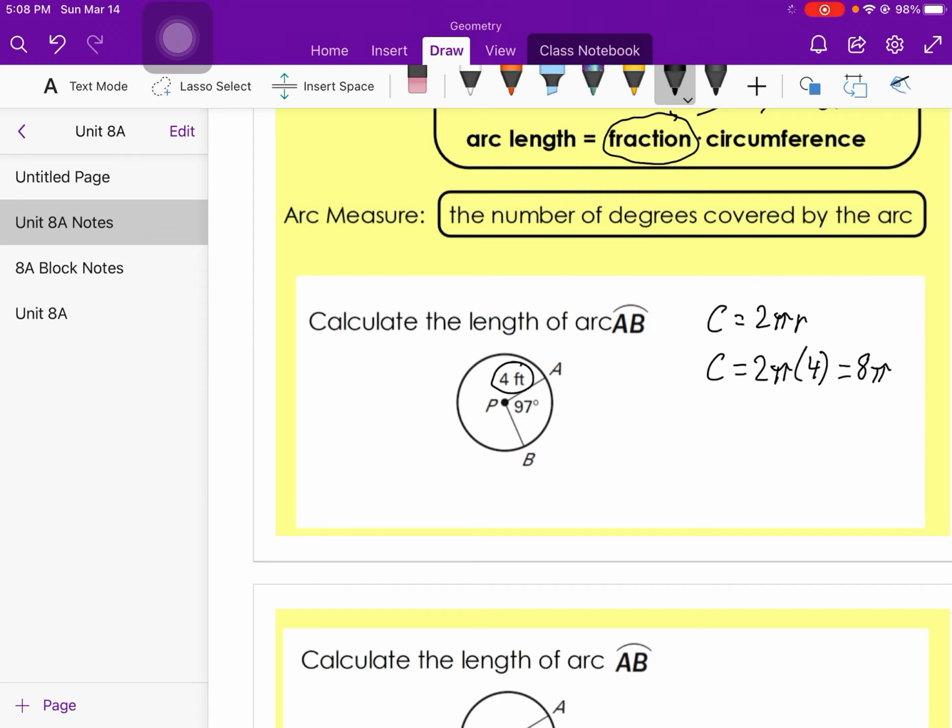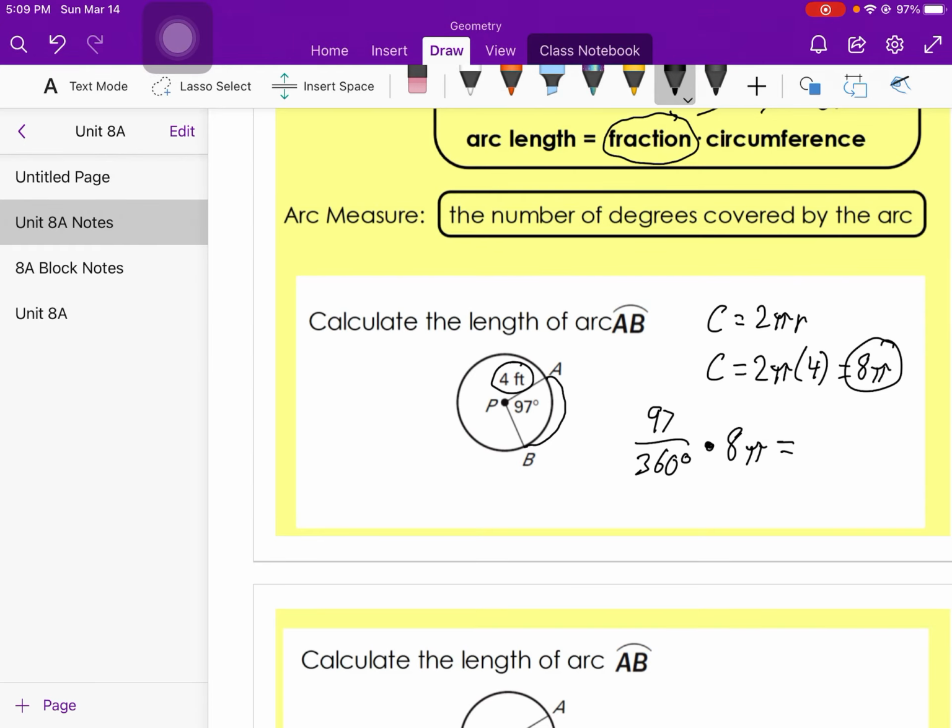Now you could type that in your calculator, 3.14 times 8. But we can save ourselves some time and just multiply this value by the fraction that we're going to get. So this is 97 out of 360 degrees that's covered in that arc length of AB. So we're going to take that times 8 pi.